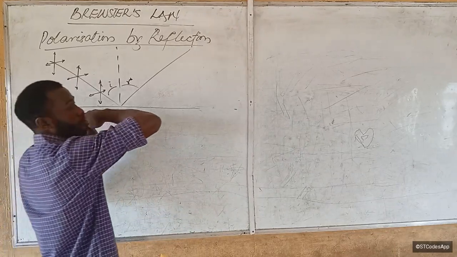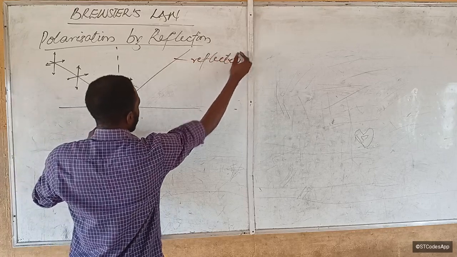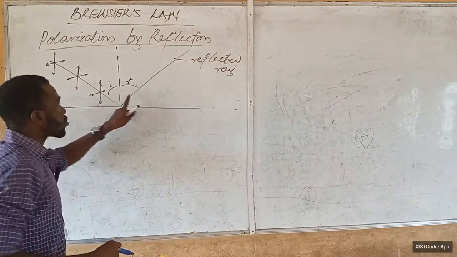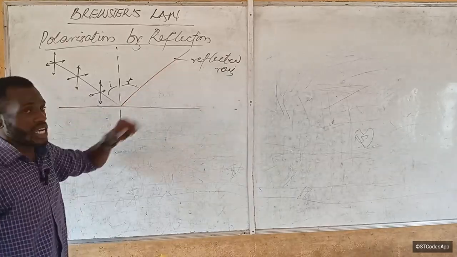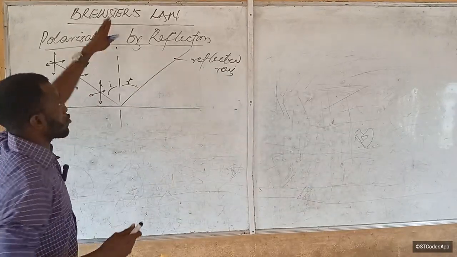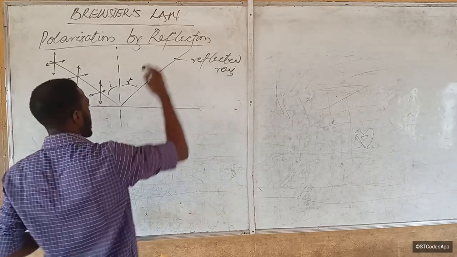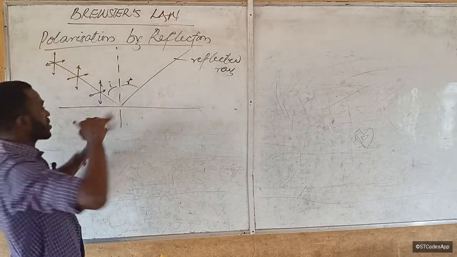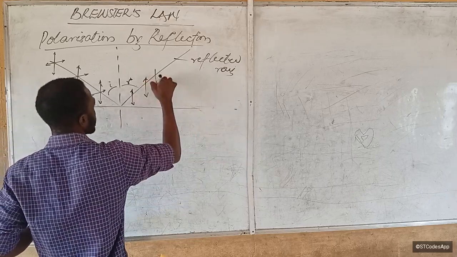By the time this wave is reflected, remember this is the reflected ray, I just said that this wave will be partially polarized. There's going to be a point where we will have full polarization, and I'm going to explain that. That's where Brewster's law comes in. So by the time this wave gets reflected, this wave that came like this, perfect like this, will only have one component.